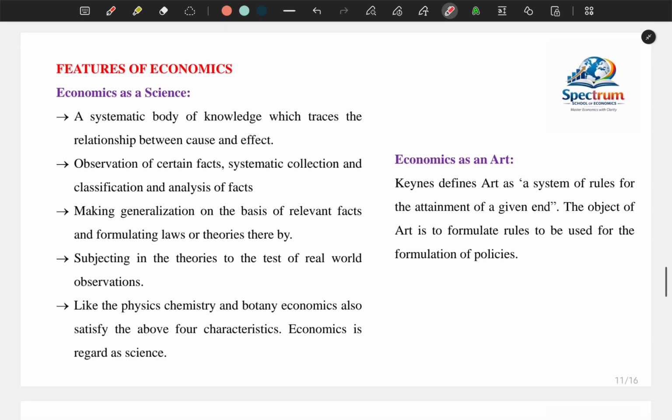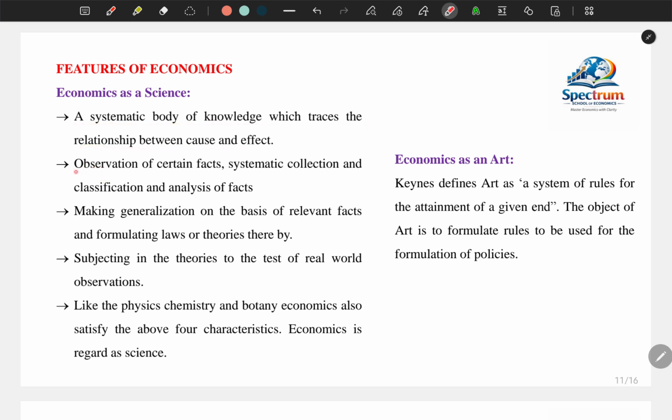Then the features of economics. Here we can say that economics is a science, but some say that economics is an art. So economics is both science and art. As a science, economics is a systematic body of knowledge which traces the relationship between cause and effect.